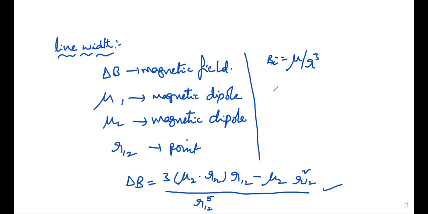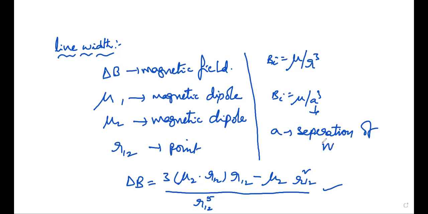So Bi can be simply mu by a cube, where a is the separation of nearest neighbors.